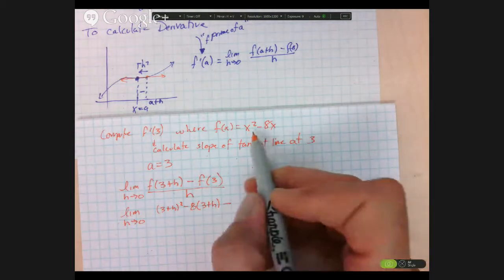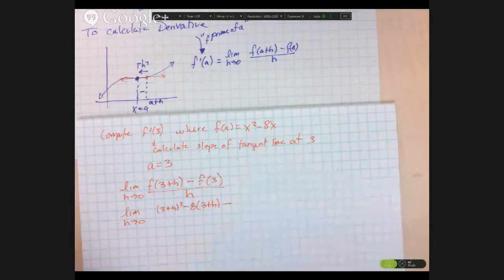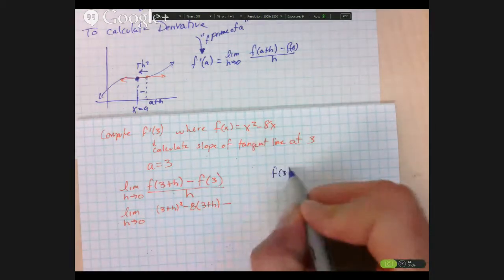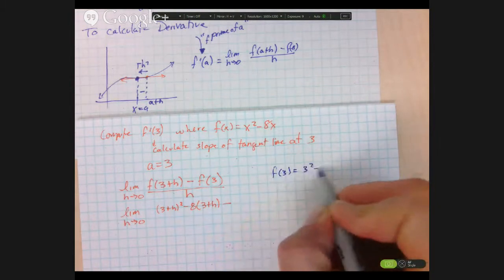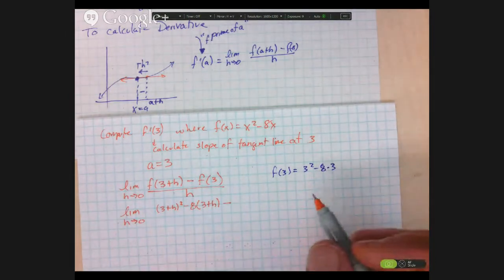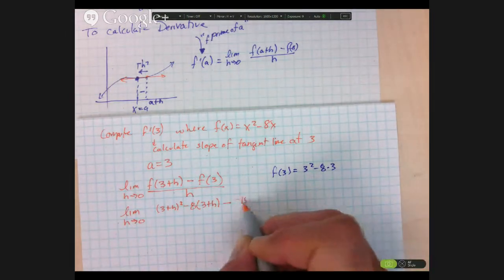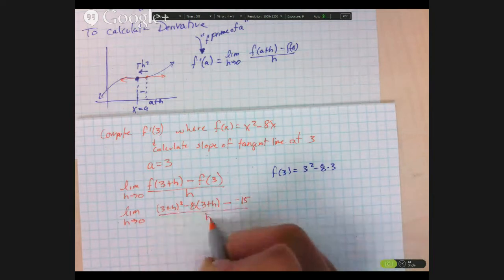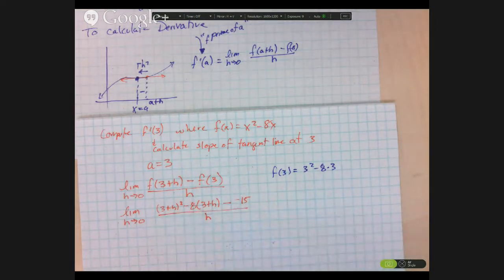And then f of 3 is 3 squared minus 8 times 3, which is 9 minus 24, negative 15. Okay, it's an algebra problem at this point.